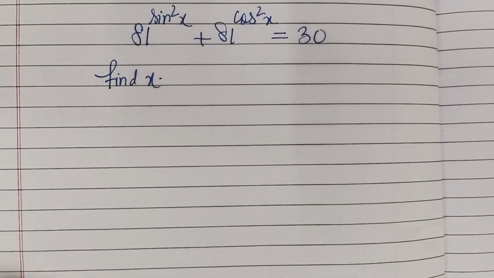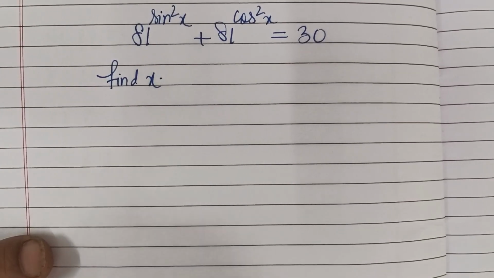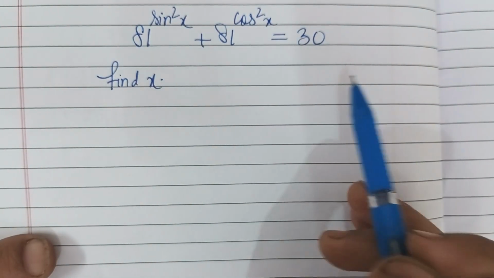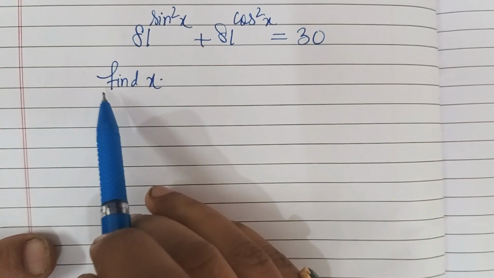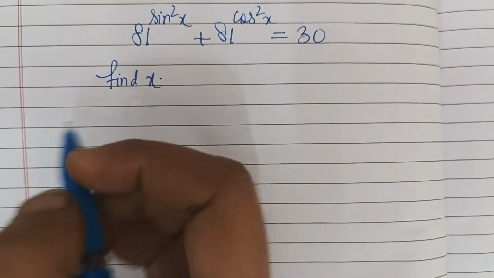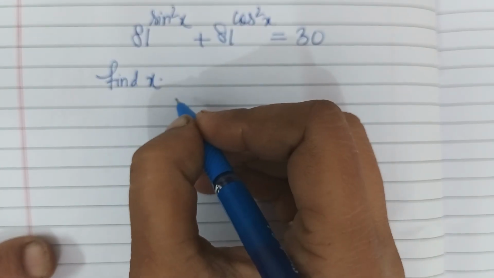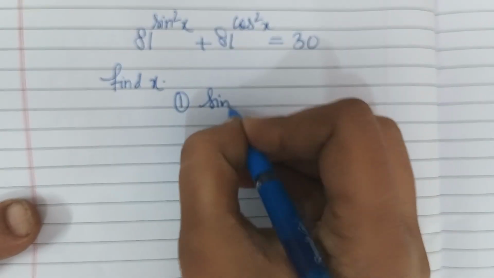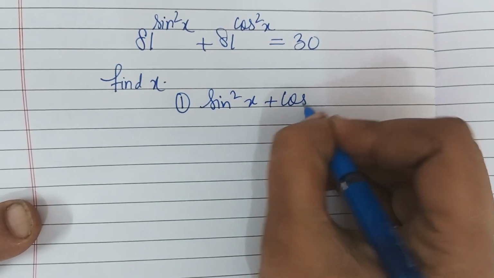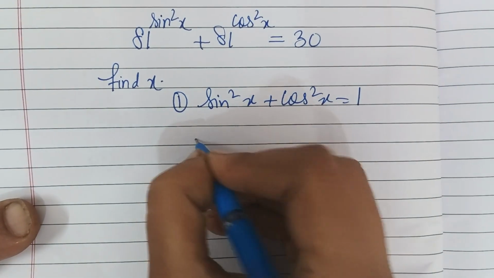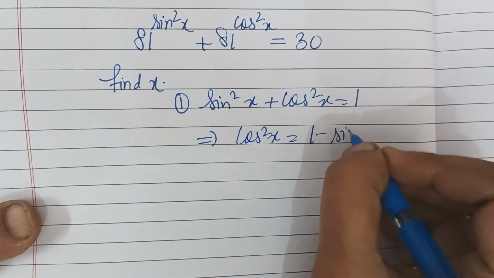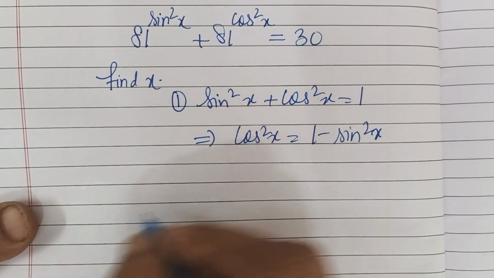Today we'll solve a nice maths trigonometric problem where 81 sin square x plus 81 cos square x equals 30, and we have to solve for x. So here we will use two identities. First one is sin square x plus cos square x equals 1, which implies cos square x equals 1 minus sin square x.